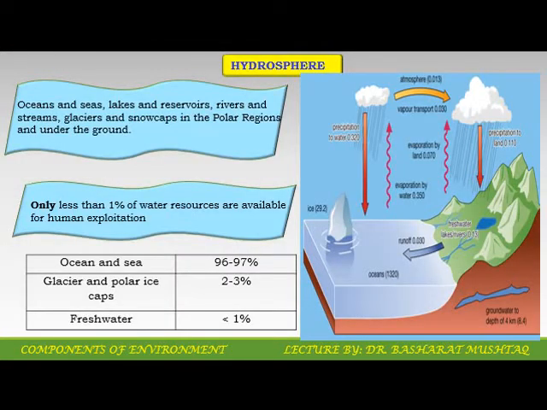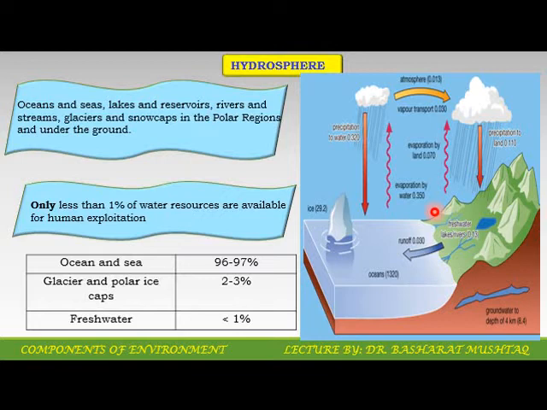Proceeding ahead, let us discuss the hydrosphere. Dear friends, hydrosphere comprises all water resources of Earth, both on the surface and under the ground, which is known as groundwater. The world's largest water is found in oceans and seas, followed by lakes and reservoirs, rivers and streams, glaciers and snow caps in the polar regions, and under the ground.